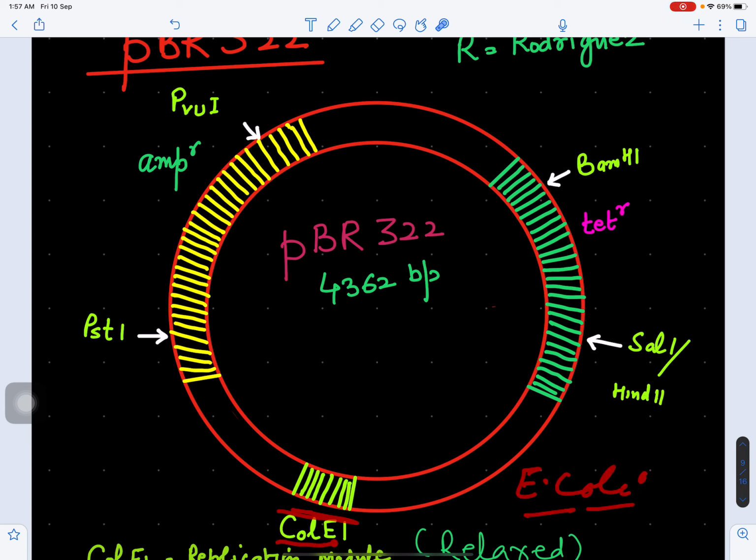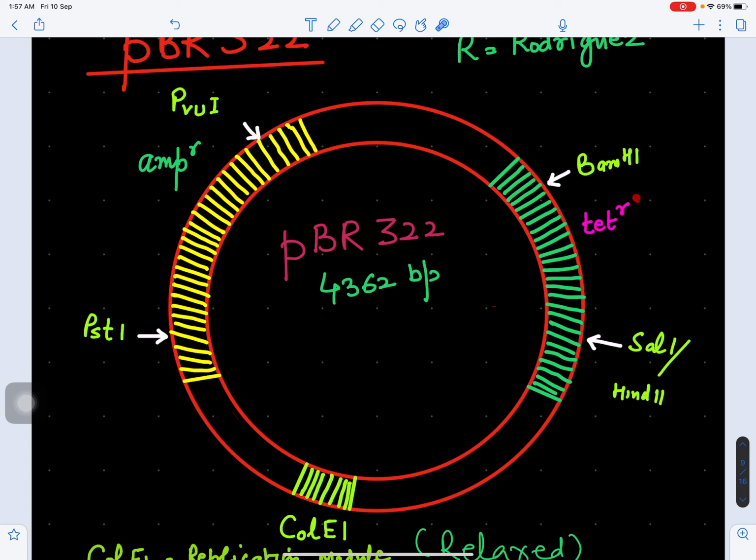So this is called ColE1. This is the origin of replication point, which leads to its independent replication. And this gene carries the ampicillin resistant gene, so it can grow in the presence of ampicillin. So this is an antibiotic resistant gene.